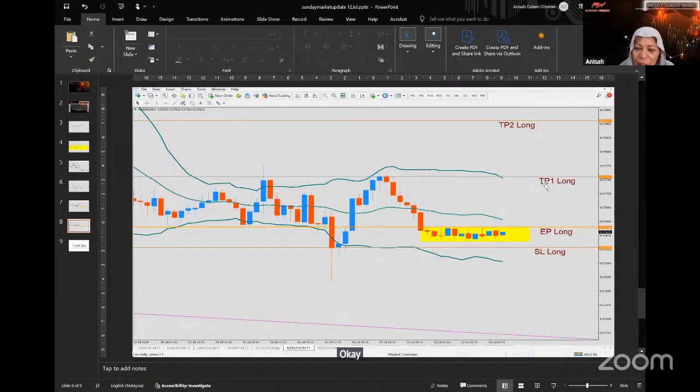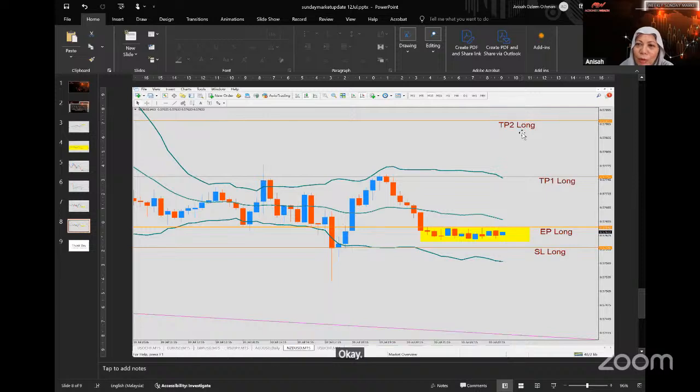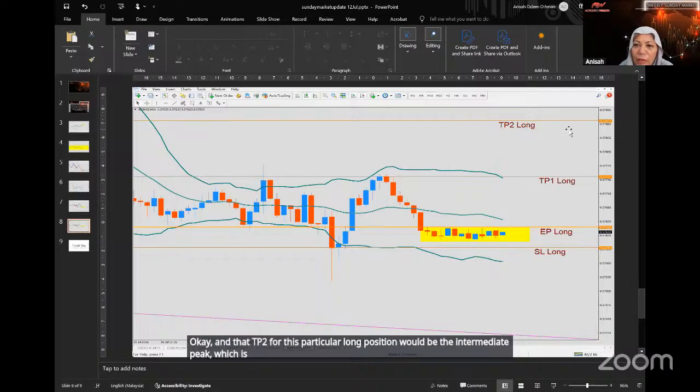Your first TP is the upper band line, which coincides with the previous peak at 0.57752. And TP2 for this long position would be the intermediate peak, which is 0.57872.